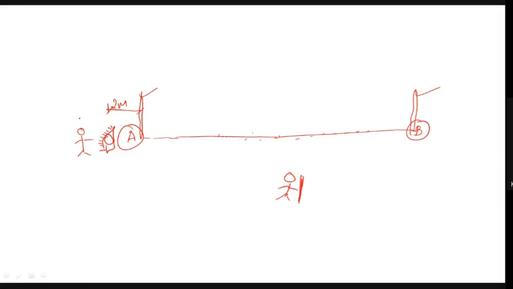This person directs the other person to come near the line, so that he can see station A and station B.